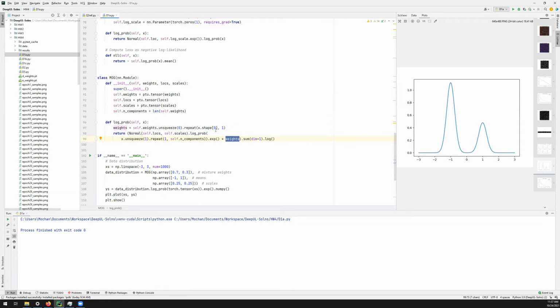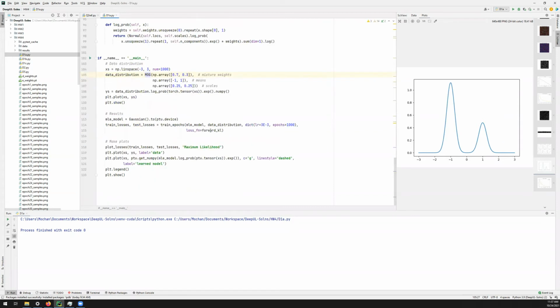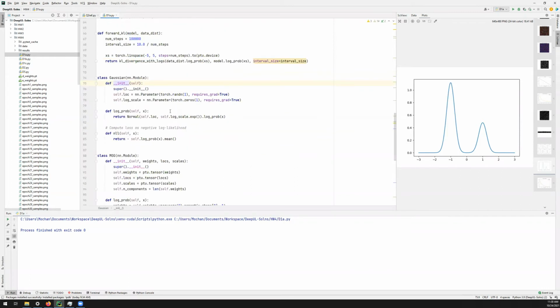Okay, and the one we want to train is just a single Gaussian. So it's just a single norm with one location and one standard deviation.